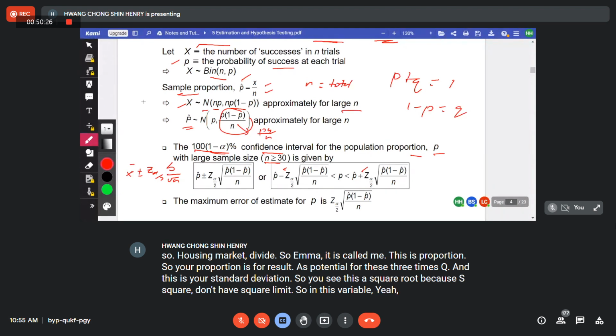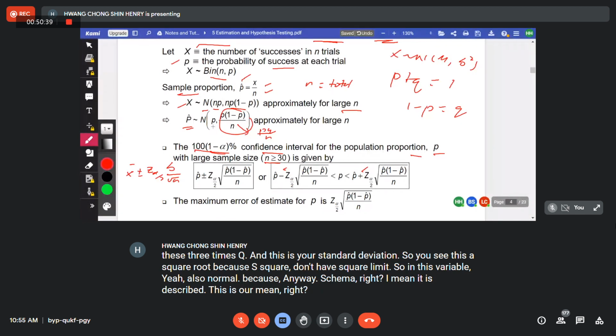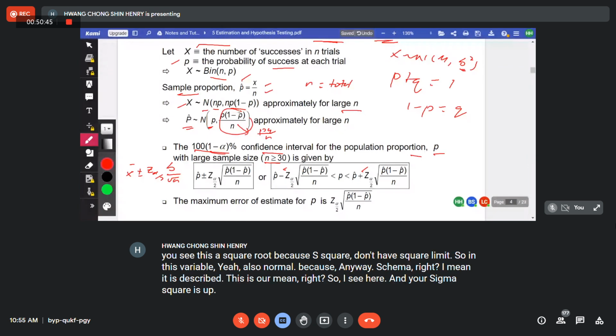What's your normal formula? Recall chapter 4: mu and sigma square. This is your mean, so your mean is P. That's why you see P here already. Then your sigma square is what?